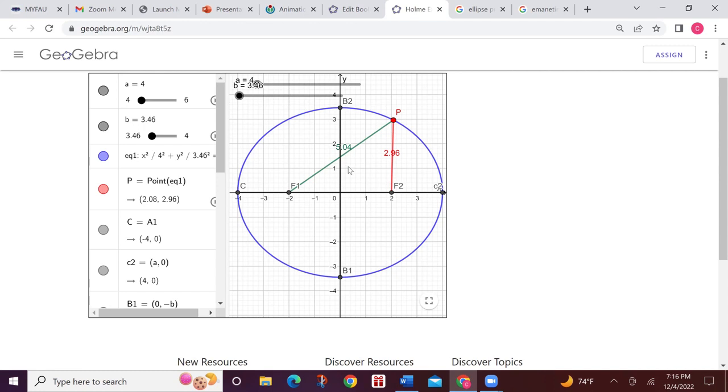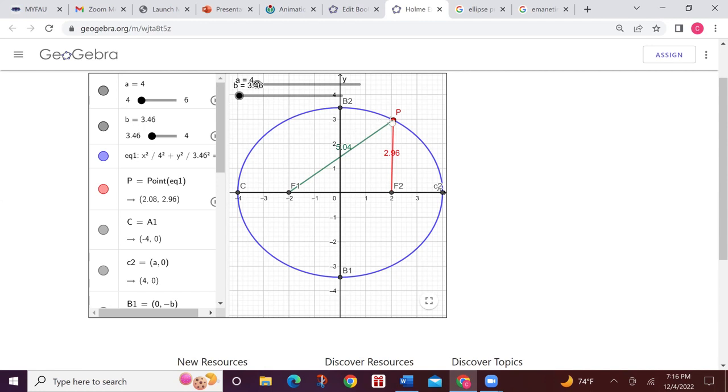Let's demonstrate that. We see here from F1 to P, the distance is 5.04, and the distance from F2 to P is 2.96. If you add them up, the total is going to be 8. Now, if we move point P to any other place on the ellipse, we would expect to get the same value.